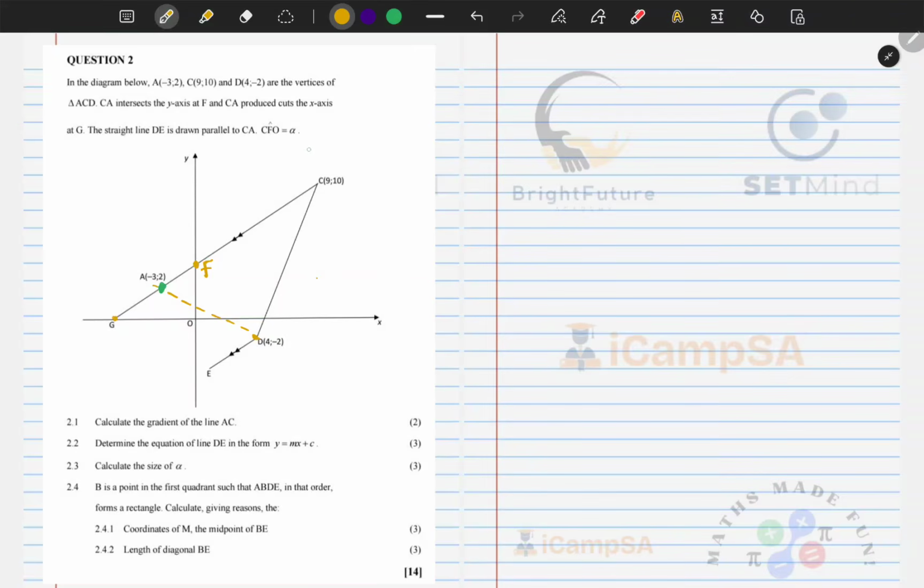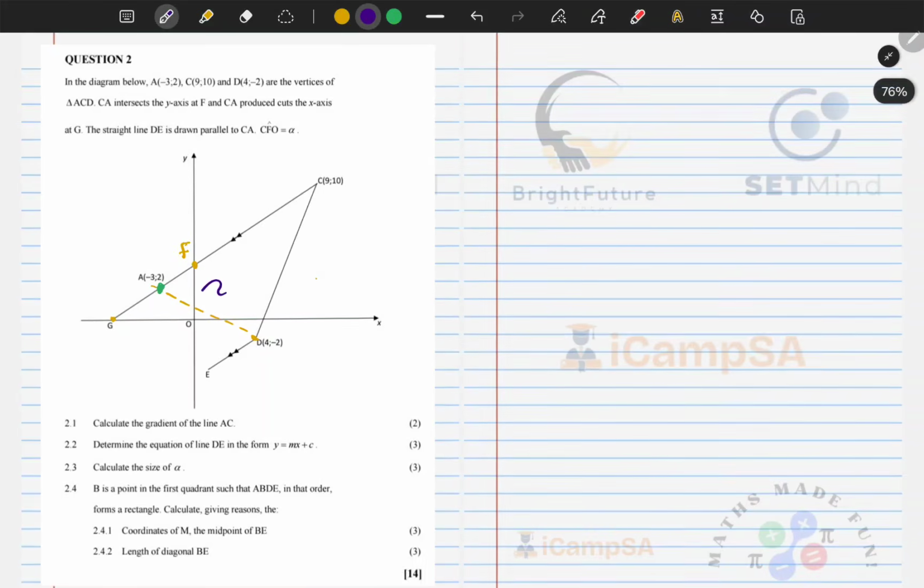And then we are being told that CFO, so this would be your CFO. So let's just write F here. CFO would be this angle, right? Great. So they are saying that this angle is alpha, right?